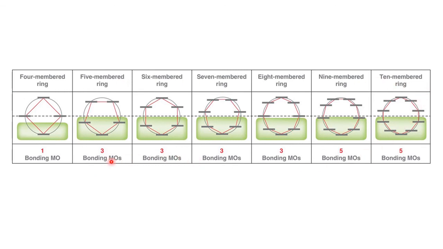So it just illustrates what the Frost circle looks like and how many of those molecular orbitals are in bonding molecular orbitals, non-bonding, or anti-bonding. So really just the 4-membered rings and the 8-membered rings have molecular orbitals right on that dotted line, right in the non-bonding section. All of the other ones will have their orbitals split between the bonding and the anti-bonding molecular orbitals. So this is a really useful graphic that you can use as you're practicing your Frost circles.